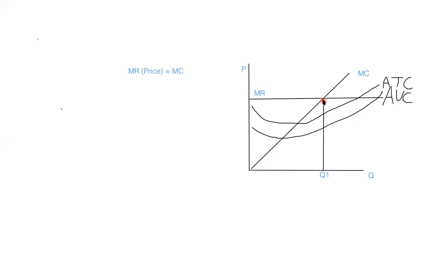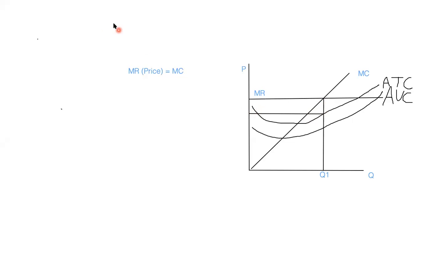So what that tells us is effectively that this firm is profiting in this market, and it's profiting at this amount. So this line right here is effectively representing the profit. So this entire rectangle is how you would determine the profit for this particular firm.